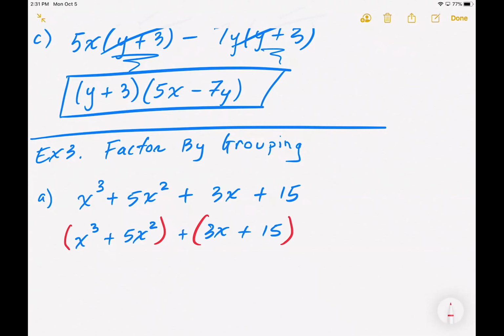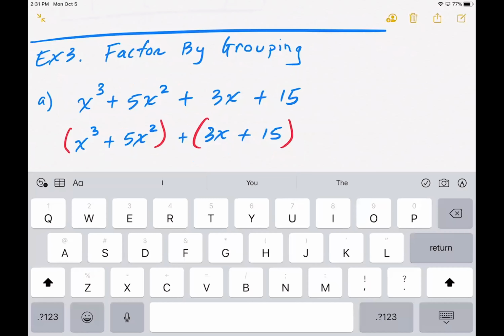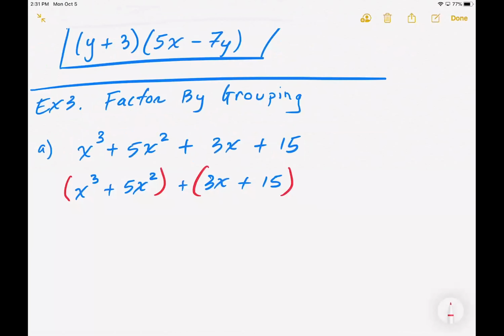And the reason we can do this is right here. Do you agree that 3 plus 4 plus 5 plus 6 is the same as 3 plus 4, in parentheses, plus 5 plus 6?